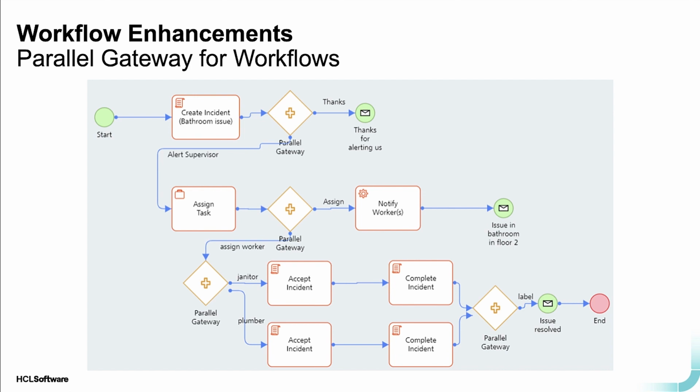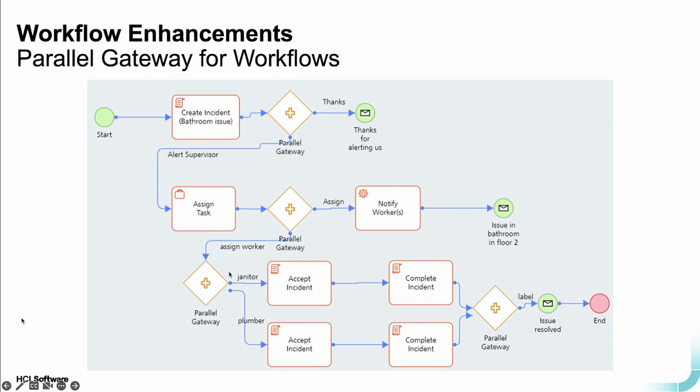So somebody created an incident, and there is a parallel activity. You're just thanking them for sending that, and then at the same time you're going to assign it to some alert supervisor to go and look at the type of the incident and see, oh, okay, this is something that is related to a restroom. I have to notify the appropriate worker.